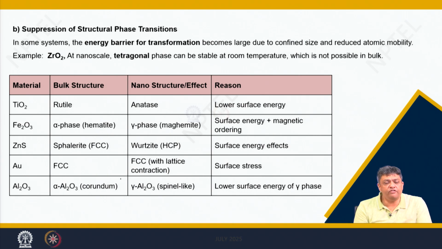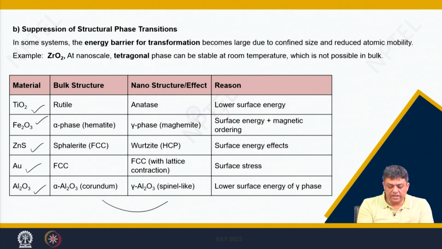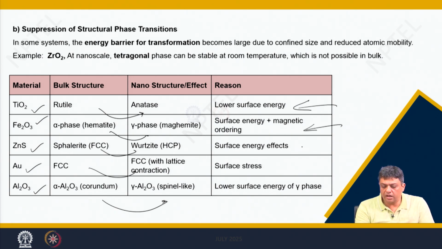And this is not only for TiO2, it can be in iron oxide, it can be in zinc sulfide, it can be in gold, it can be in aluminum oxide. You can just see that the structures go on changing just because there is a size reduction, and the corresponding reasons can be lowering of surface energy.